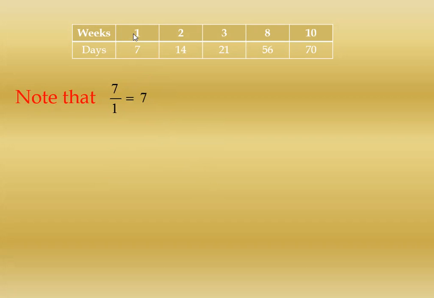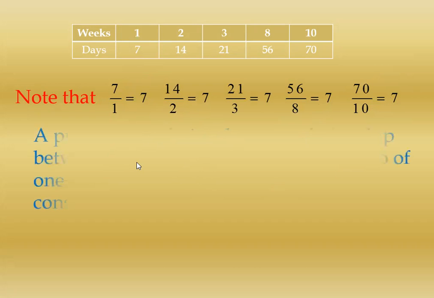So 7 over 1 equals 7. 14 divided by 2 equals 7. 21 over 3 equals 7. And 56 over 8 equals 7. And so on. 70 divided by 10 equals 7.